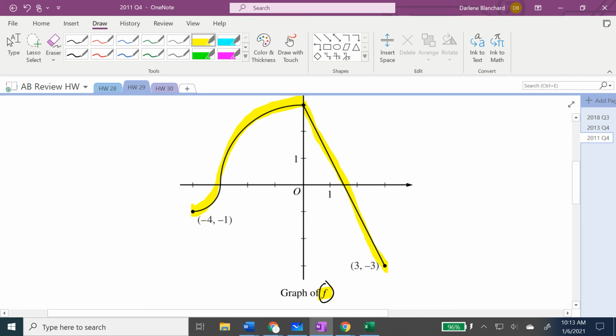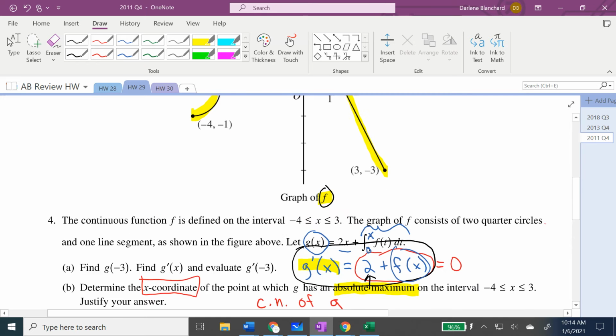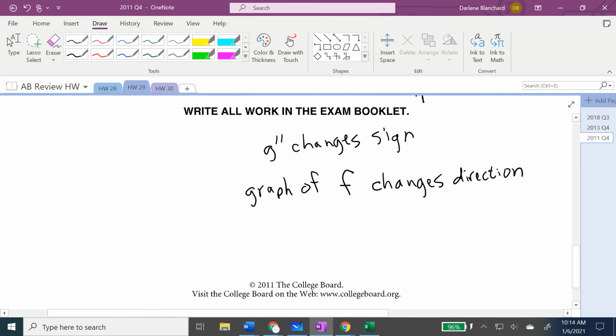You don't need to express that f prime is undefined at x equals 0. What you do need to express is that f prime changes sign at x equals 0, which you can express in different ways.